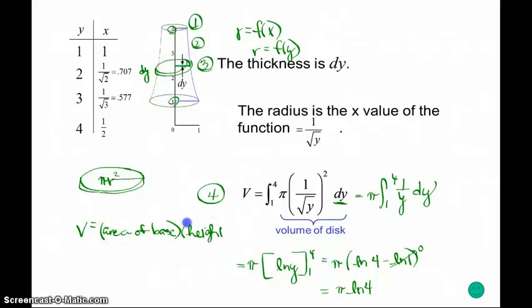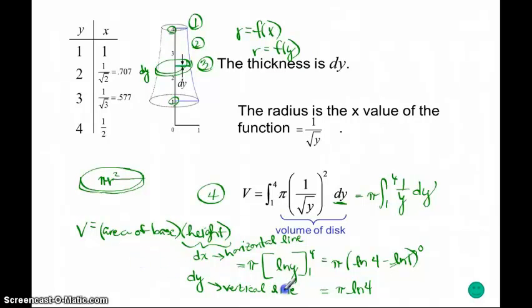The heights are what's in charge of whether we are doing things with respect to x or with respect to y. The secret to success there is if we are spinning around any horizontal line, our thicknesses are going to be with respect to x. If we're spinning around any vertical line, our thicknesses are going to be with respect to y.